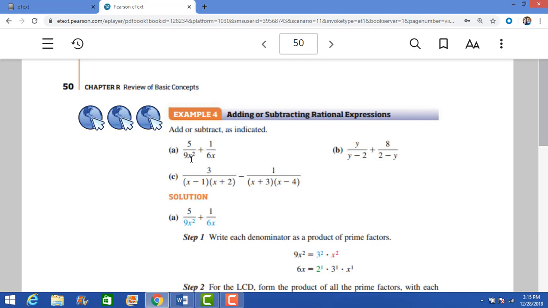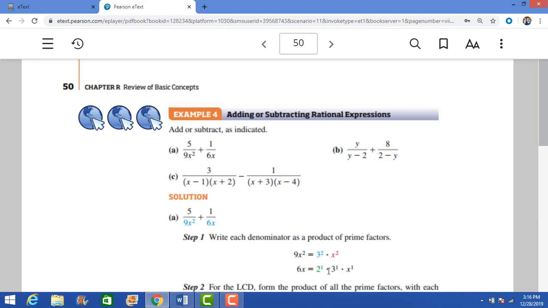The least common denominator is going to use the greatest exponent of each factor. So if you look down here, we write this as 3 squared times x squared, so it's in prime factors. And then 6x becomes 2 times 3 times x. And what we do is we take all of the ones that have the largest exponent. The largest exponent with base 2 is 1, so we're going to keep this one.